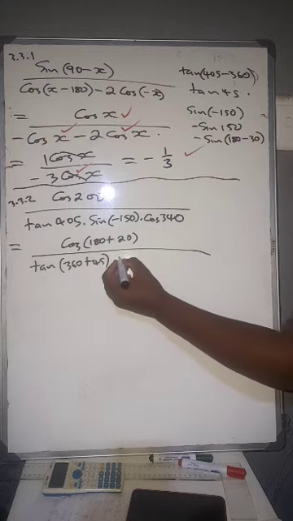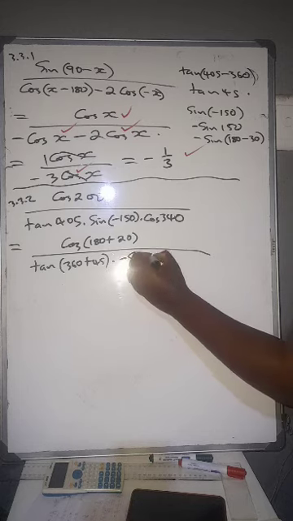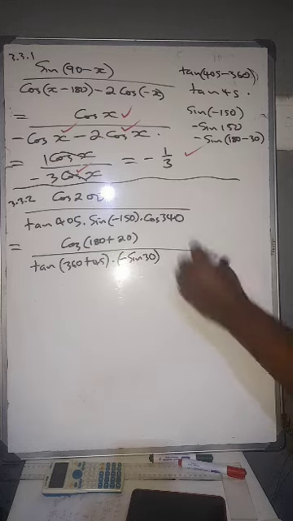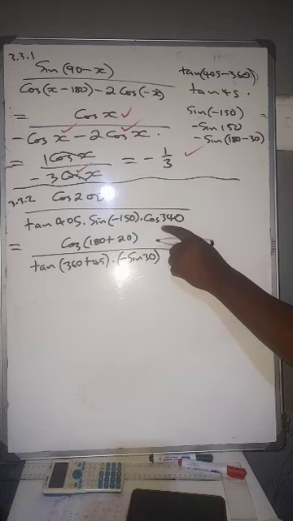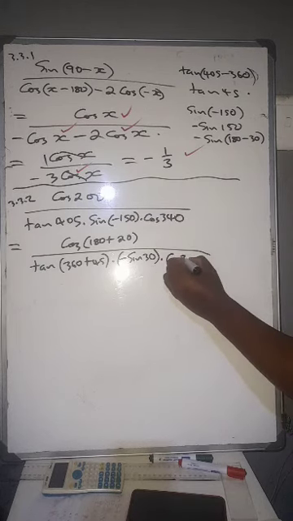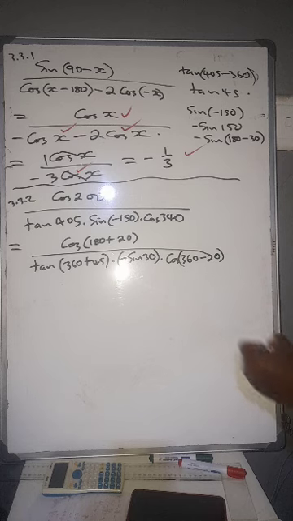So we are saying there multiplied by negative sine 30, right? Negative sine 30. And then the last one is cos 340. That's cos of 360 minus 20.